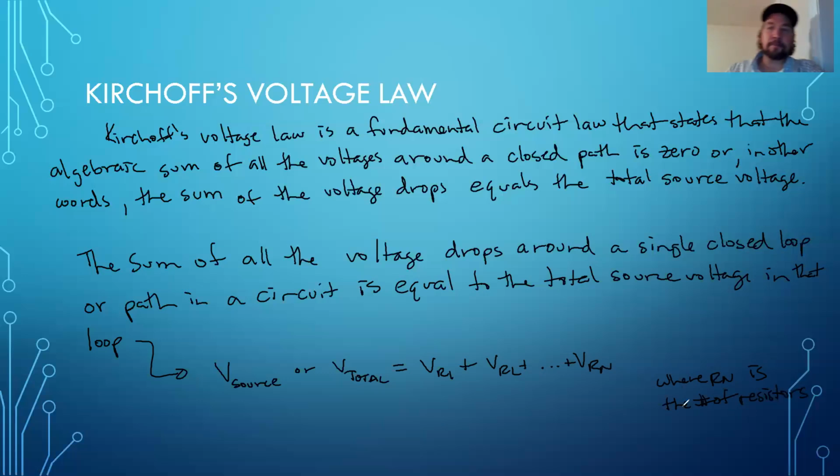That's a little hard to see there, but that says number of resistors, all right? So it doesn't always make sense when you see it written like this or said like this, but let's look at an example of it so that we see very clearly what it is.